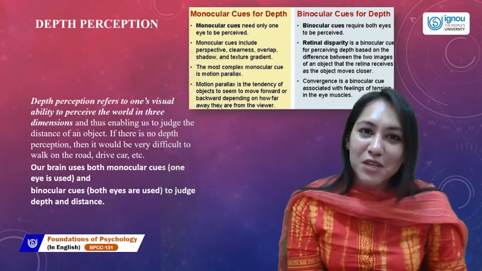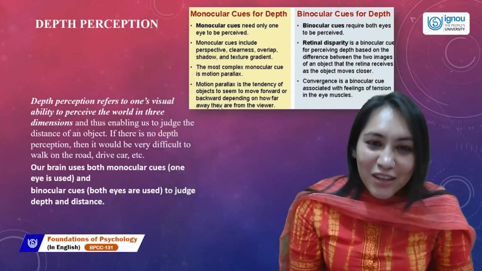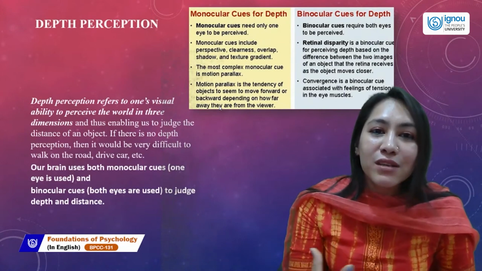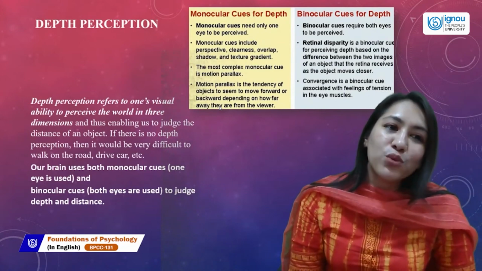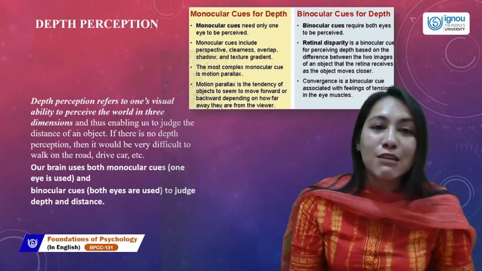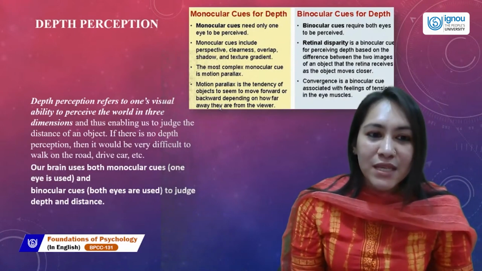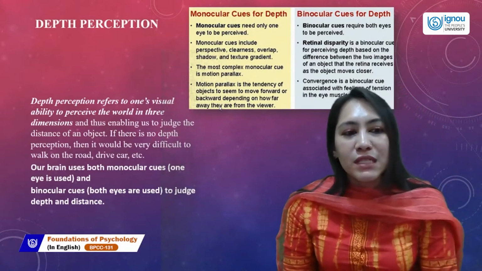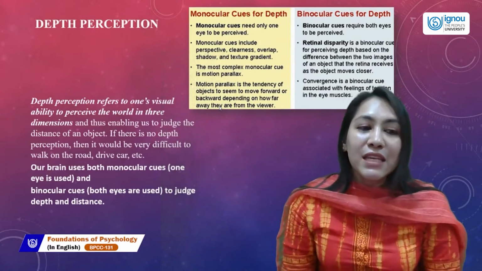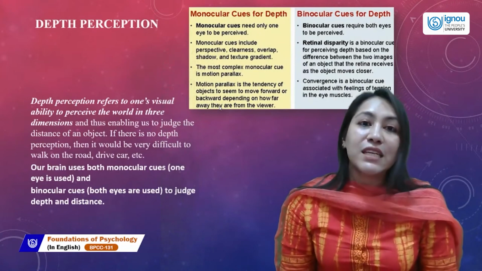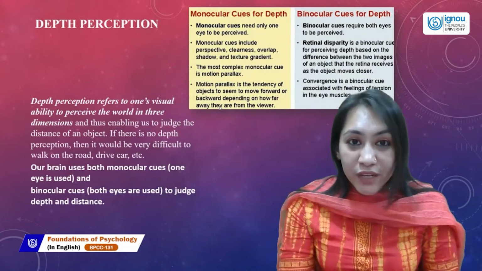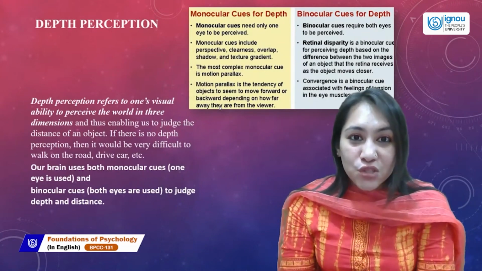Our eyes are two-dimensional. So there are cues. Cues are supporting guidance that help us with depth perception. So let's define depth in scientific ways. It refers to one's visual ability to perceive the world in three dimensions. It enables you to judge an object moving at a distance, changing its route.